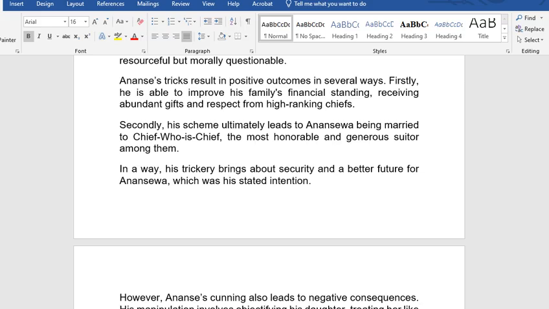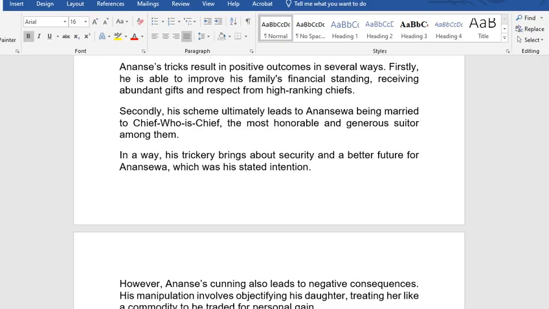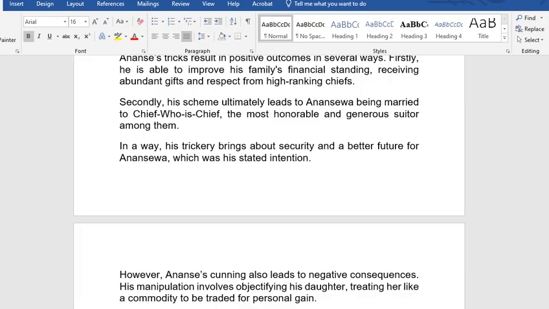Firstly, he is able to improve his family's financial standing, receiving abundant gifts and respect from high-ranking chiefs. Secondly, his scheme ultimately leads to Anansewa being married to Chief-Who-Is-Chief, the most honorable and generous suitor among them. In a way, his trick brings about security and a better future for Anansewa, which was his stated intention.